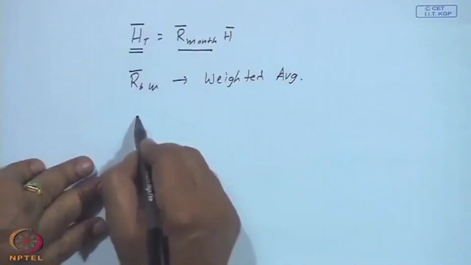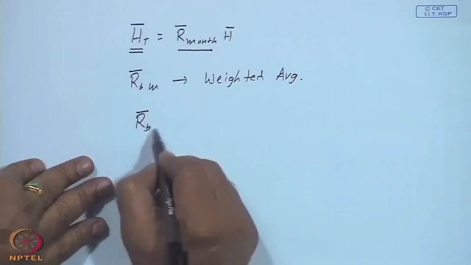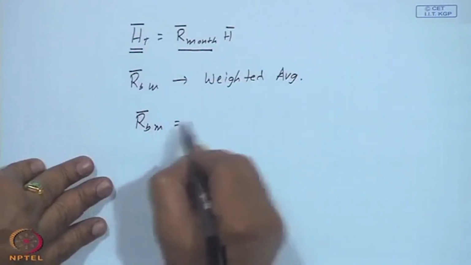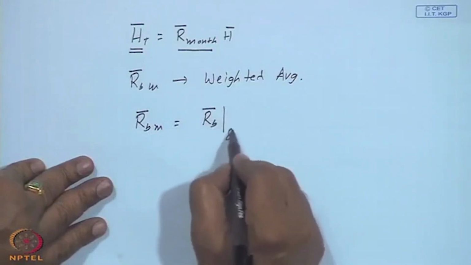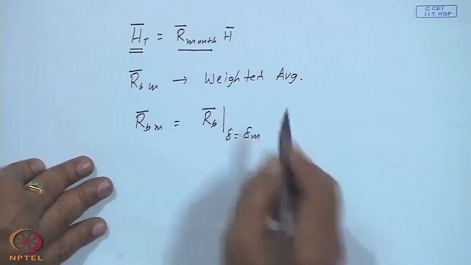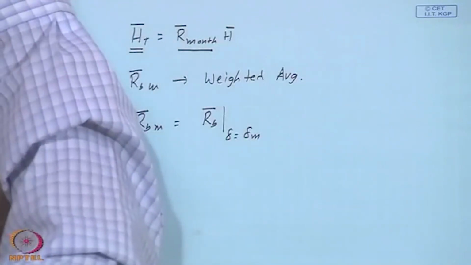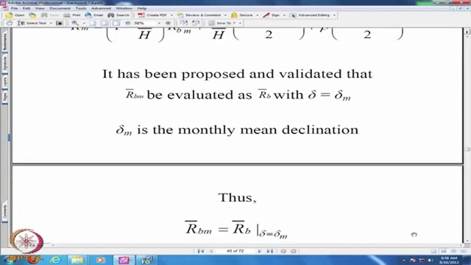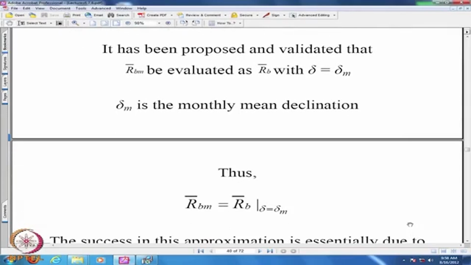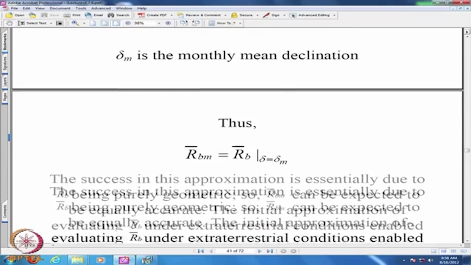Fortuitously, this R_B bar m can be calculated just like R_B bar with delta is equal to delta m. That is, we have already earlier defined the mean declination for the month as the one with the closest extraterrestrial radiation equal to the average for the month.